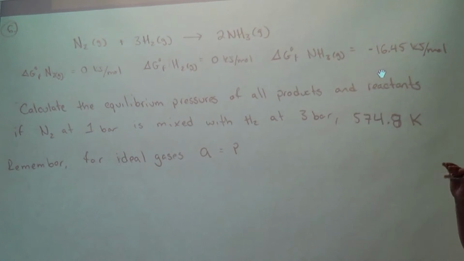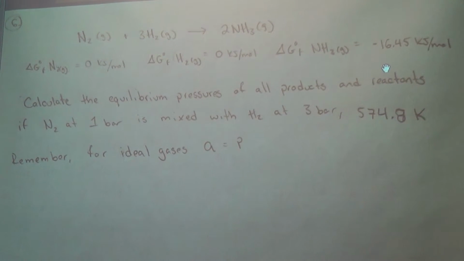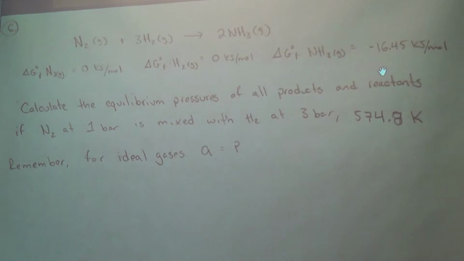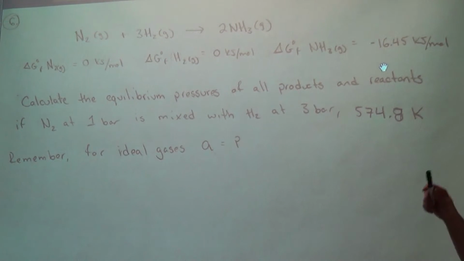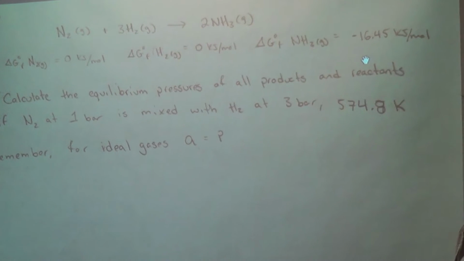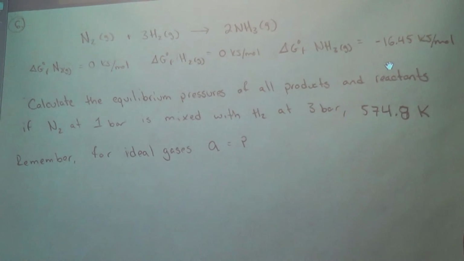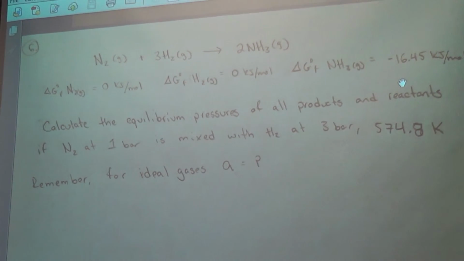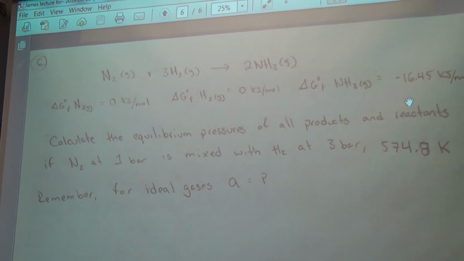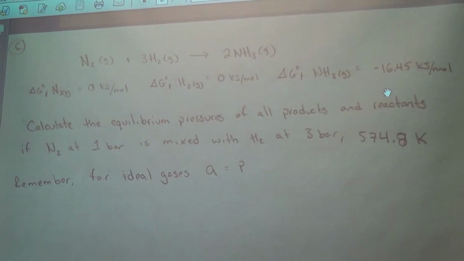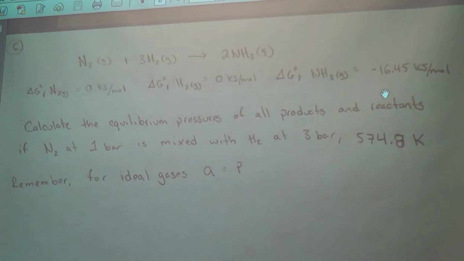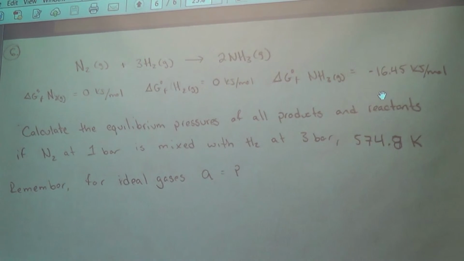We're going to say that these gases are behaving ideally, so we can substitute the pressures in for the activities. So you're going to have an expression in terms of the pressures raised to the powers of their coefficients. You'll calculate a K first.